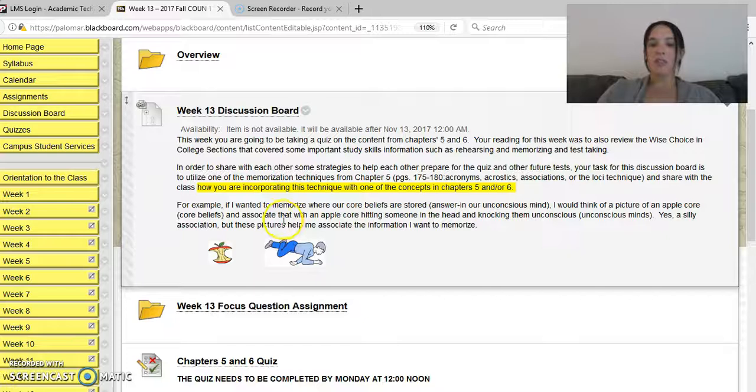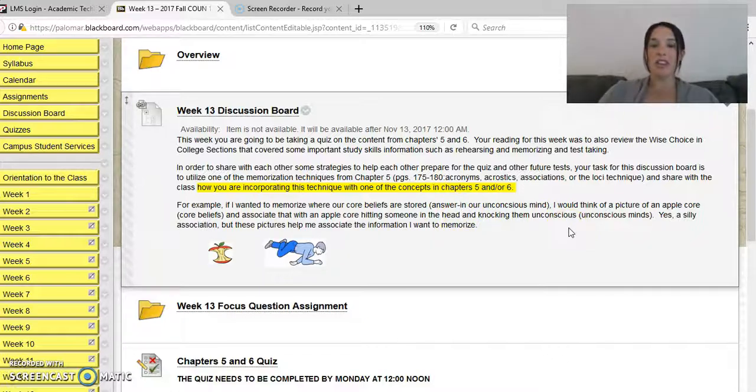If I wanted to memorize the concept of core beliefs, which is talked about in chapter 5, and where those are stored, core beliefs are stored in our unconscious mind. So I would think of a picture of an apple core, to stand for core beliefs, and associate that with an apple core hitting someone in the head and knocking them unconscious.